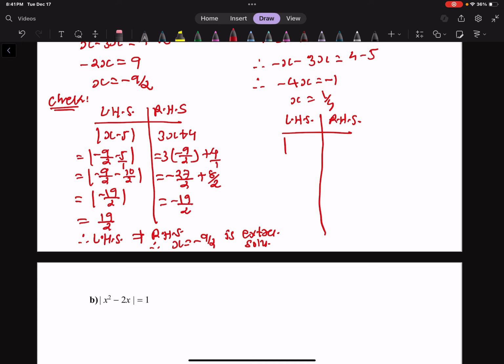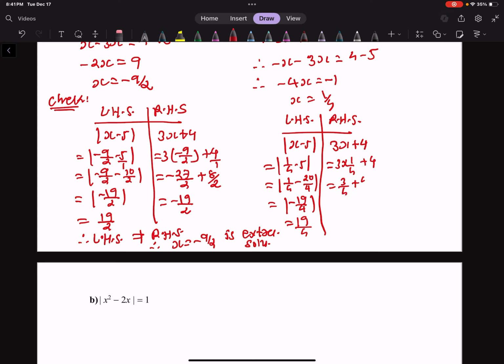Substitute the value 1/4 here. So 1/4 minus 5, which is 1/4 minus 20 over 4, becomes negative 19 over 4, which is positive 19 over 4. Then 3 times 1/4 plus 4.